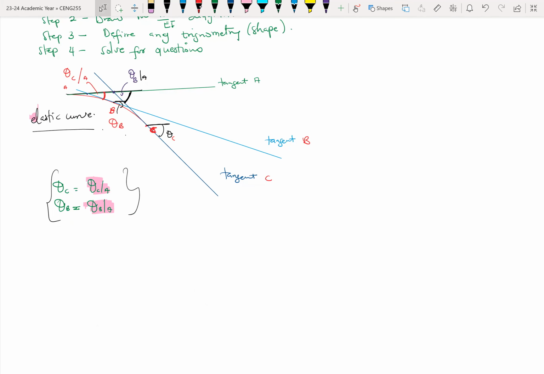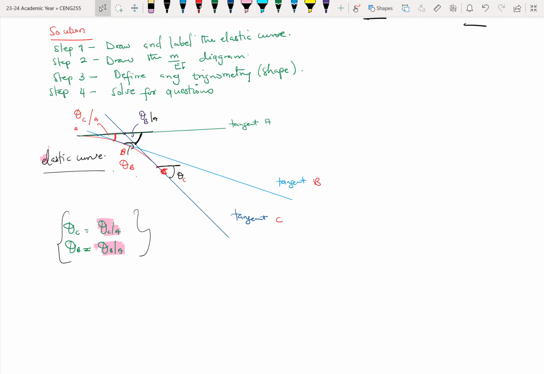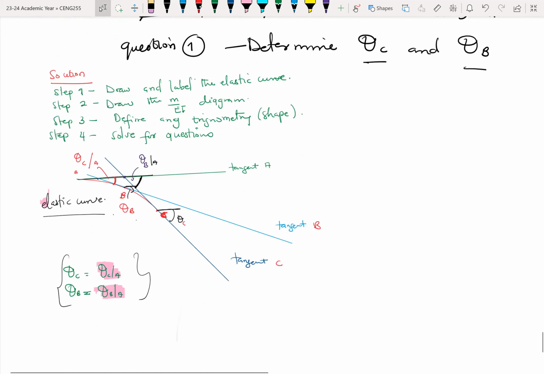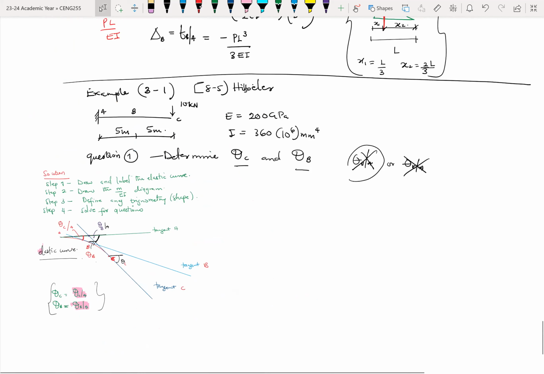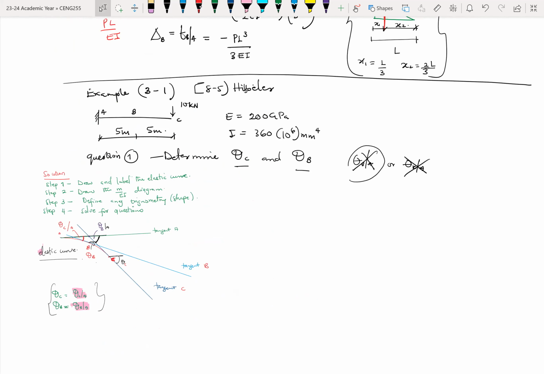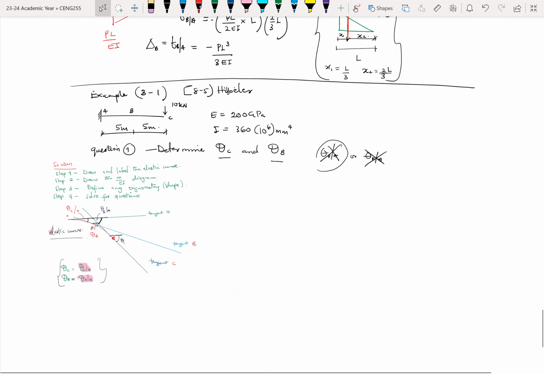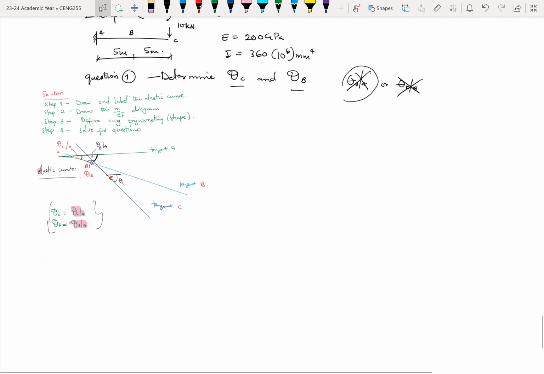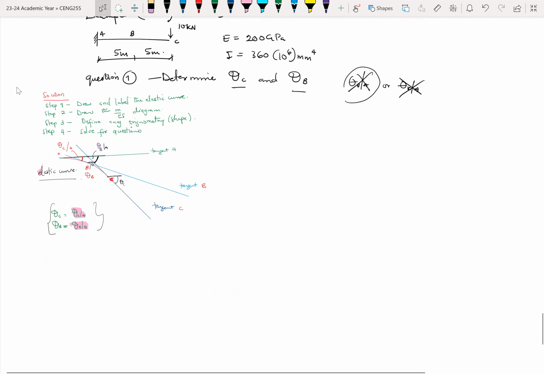So let's go through that. Once we're done with the elastic curve indicating all the angles that we need, our next point is to draw the bending moment diagram. Maybe I should increase the size of this a little bit.